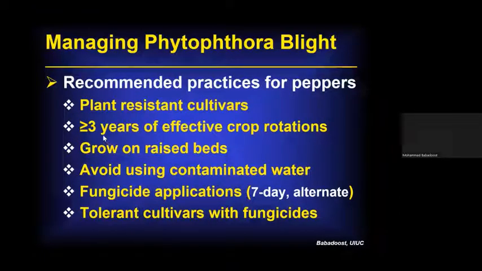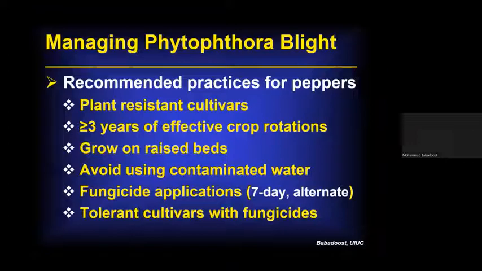If you don't like that, do 3 years or longer, rather 4 years of crop rotation with good weed control. Grow on the raised bed to minimize the moisture effect, because a raised bed will be a little bit above and there will be less moisture.